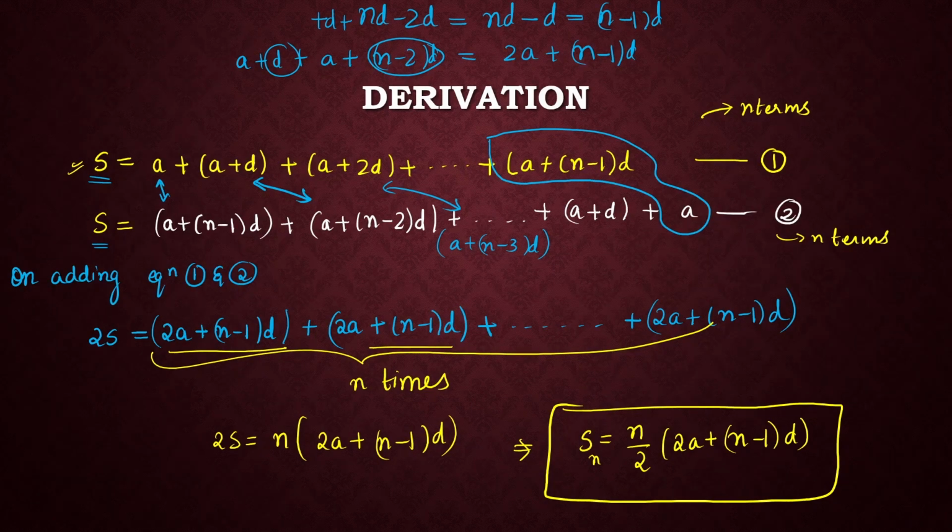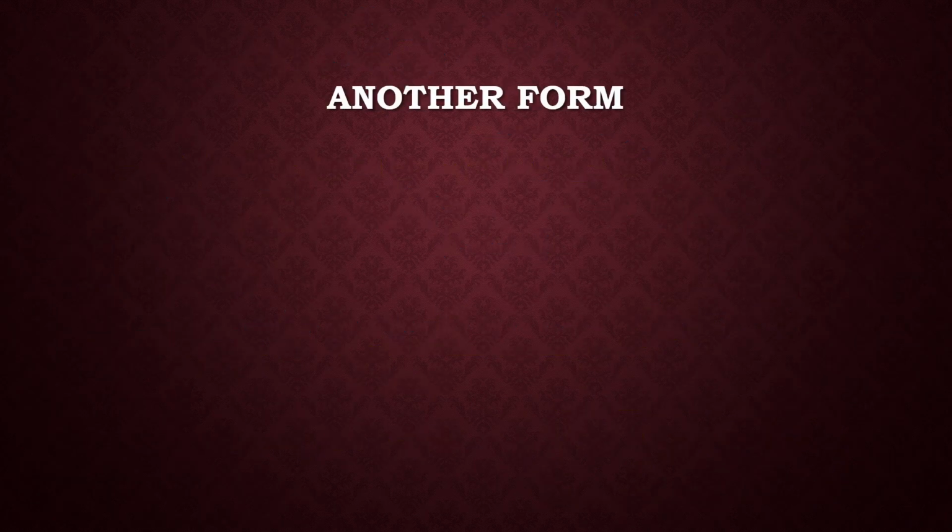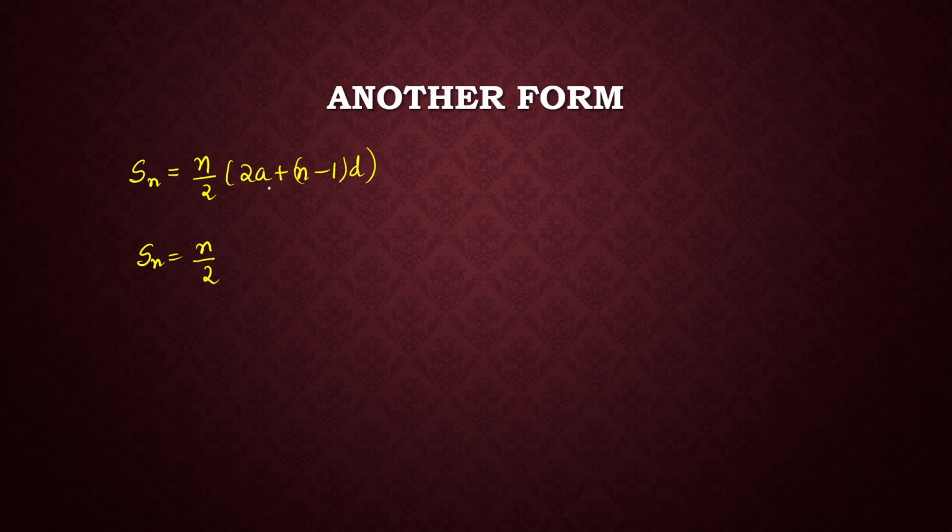Okay. Now there is another form of the same formula. We just derived that the sum of n terms is equal to n by 2 into 2a plus n minus 1 into d. Now I'll keep this n by 2 as it is and write this 2a as a plus a, because a plus a is 2a, plus n minus 1 into d.